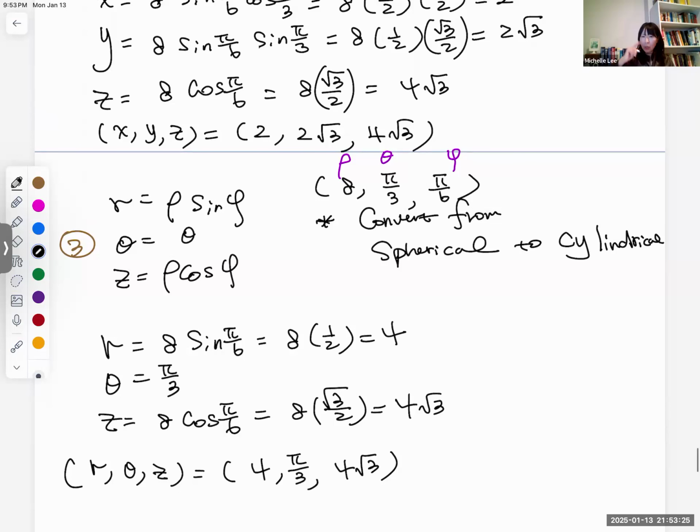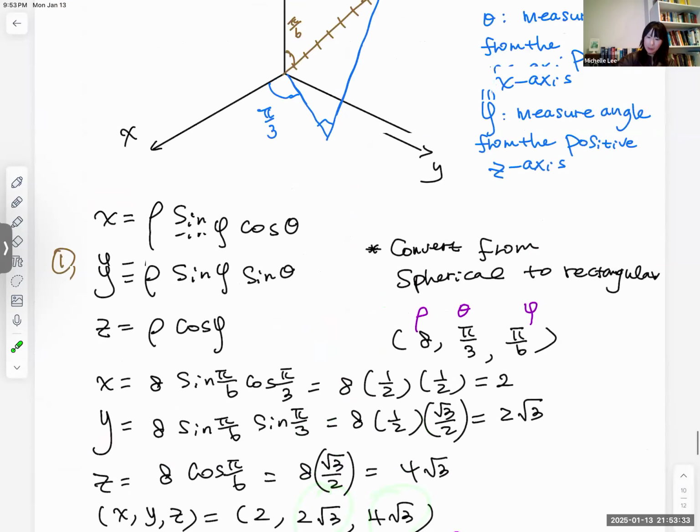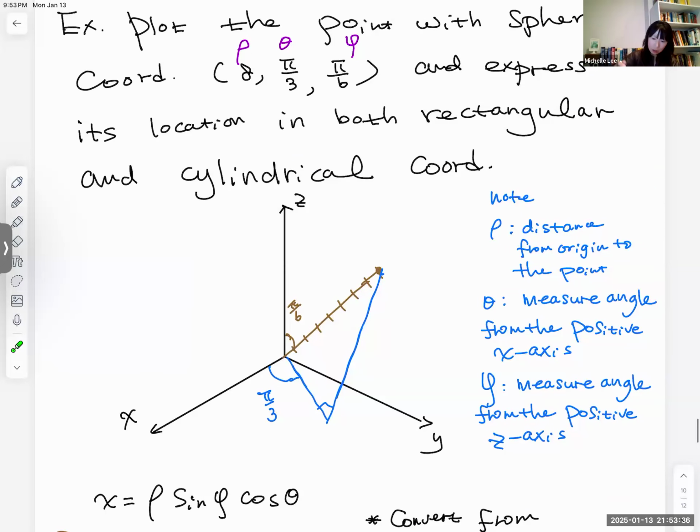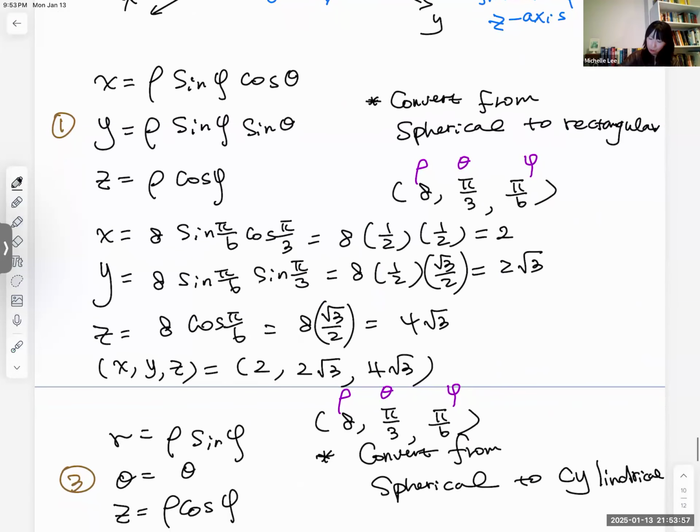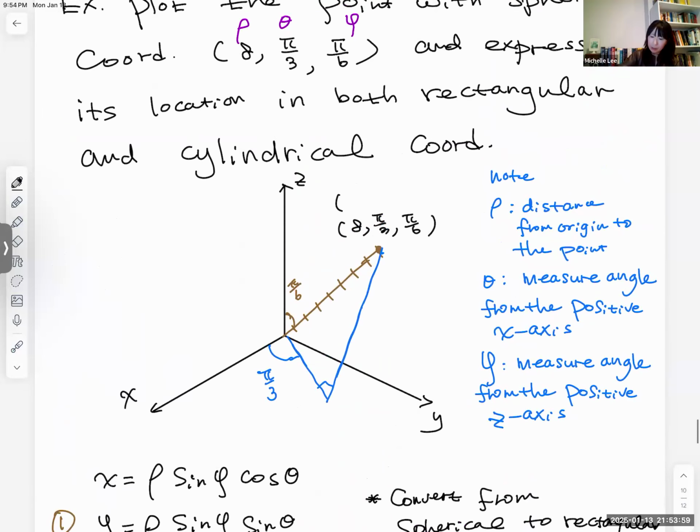You can approximate those numbers. We can plot the point. Those points will be the same as here, right? So there will be 8, pi over 3, pi over 6, and there will be 2, 2 square root of 3, 4 square root of 3.